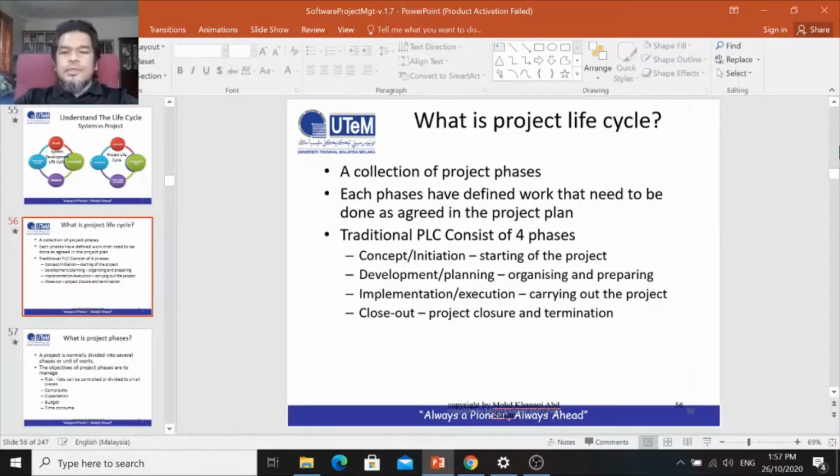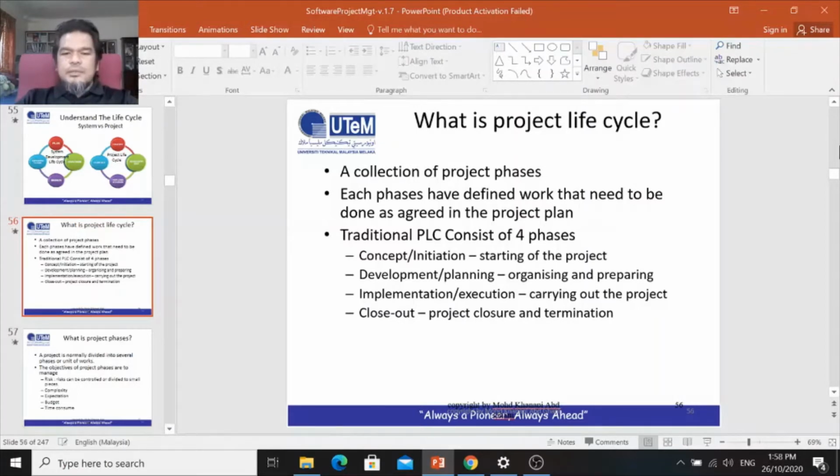you move to the development phase or planning phase. In the project, they call it the planning phase, where you organize and prepare the project team, the project organization, for example, job descriptions, yeah, and everything that relates to the project development.